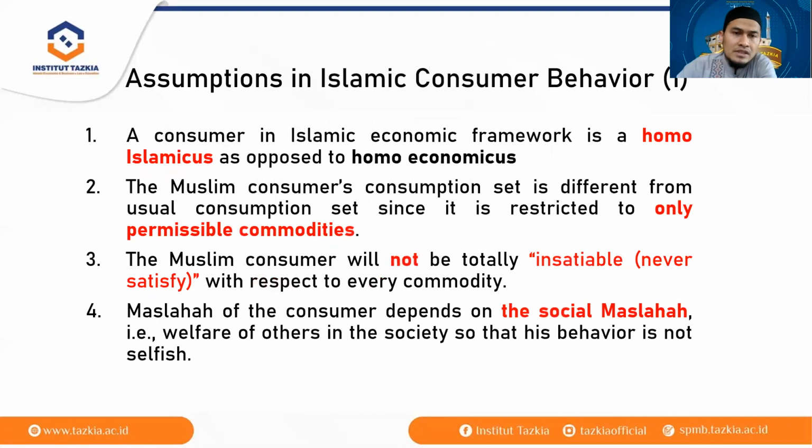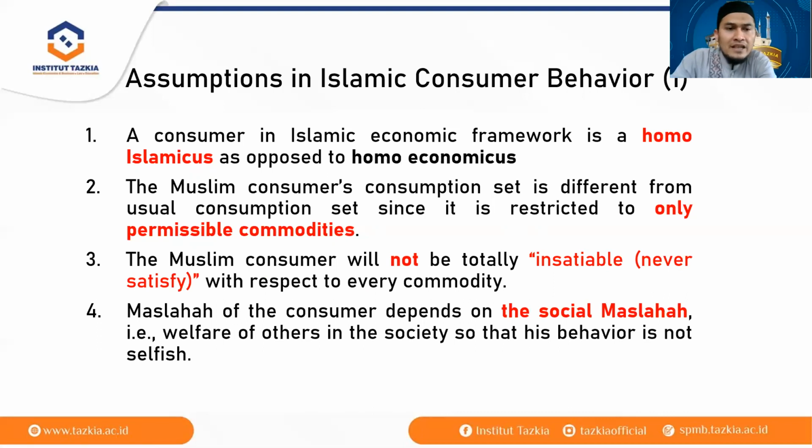So what are some assumptions in Islamic customer behavior? A customer in the Islamic economic framework is homo Islamicus as opposed to homo economicus. So it is like rajulun saleh, homo Islamicus. The Muslim customer's consumption set is different from the usual consumption since it is restricted to only permissible commodities.